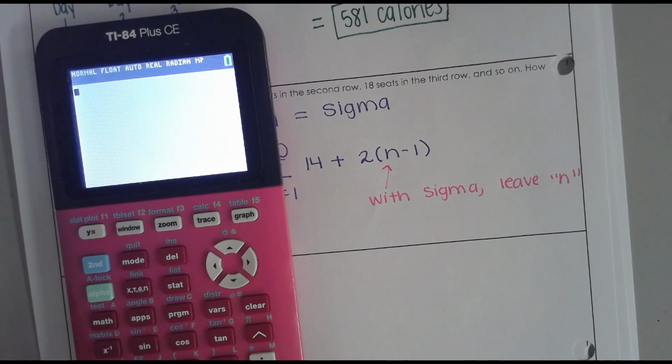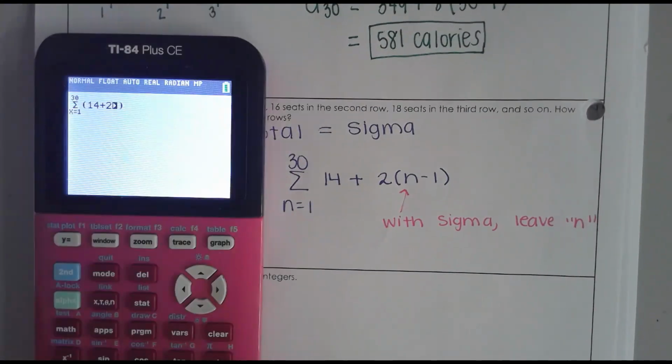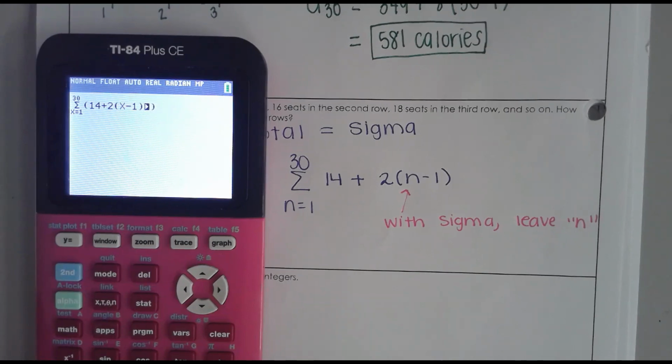So N equals 1 to 30, and then I'm going to make my own parentheses and then close that.